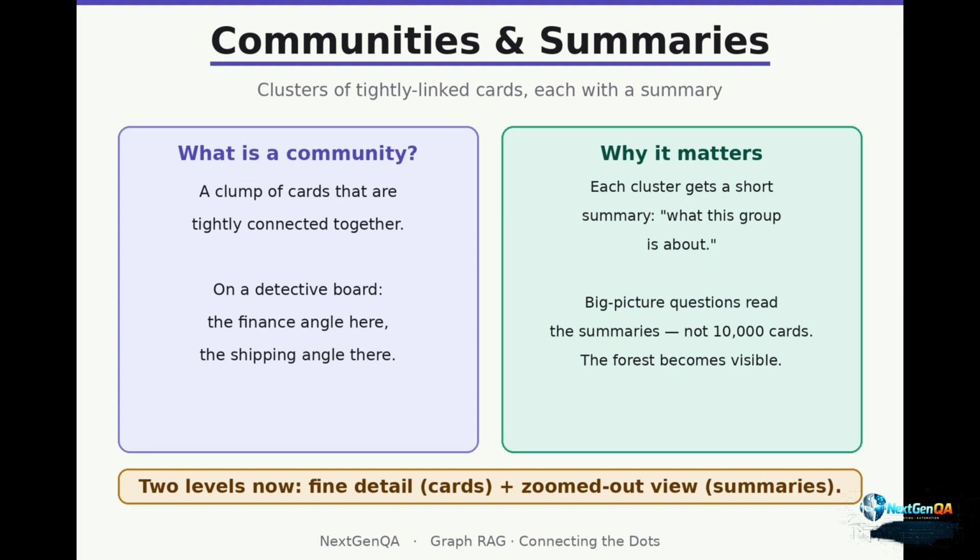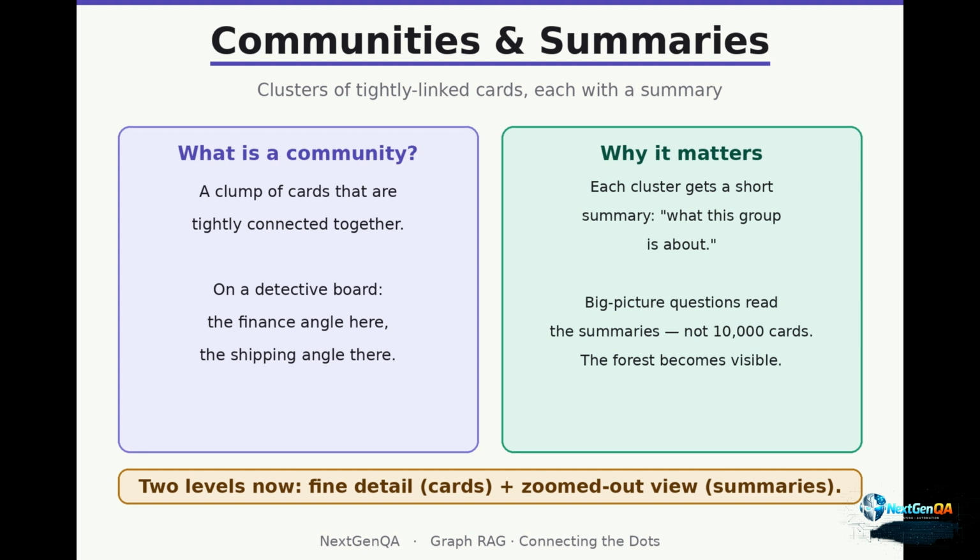GraphRAG automatically detects these clusters, and then for each cluster it writes a short summary: here is what this whole group is about. Why does this matter so much? Because those summaries are the secret to answering big-picture questions. Remember, what are the main themes across all reports? Now, the system does not need to read 10,000 cards.